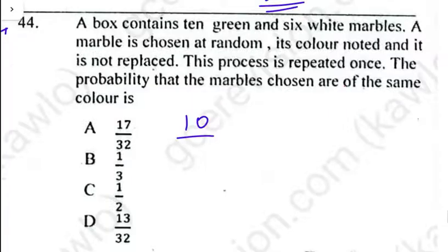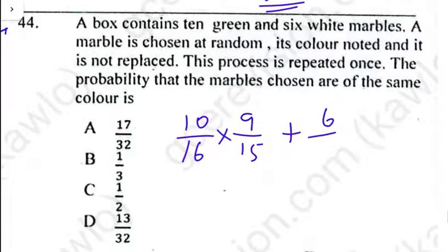We can even use a tree. 10 on 16 times the second one, if it's green, then the second one is going to be 9 on 15, if the 2 are green. Now if the 2 are white, we're going to have 6 on 16 times 5 on 15.